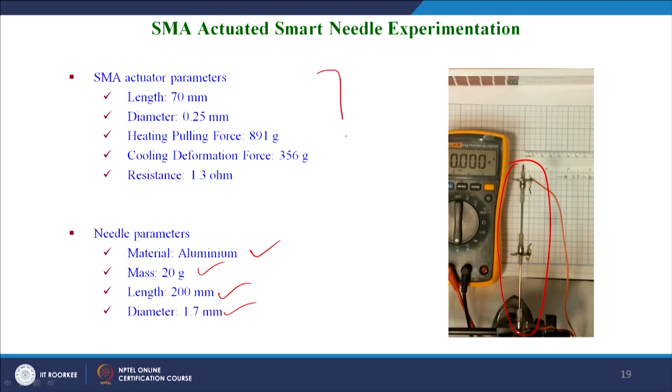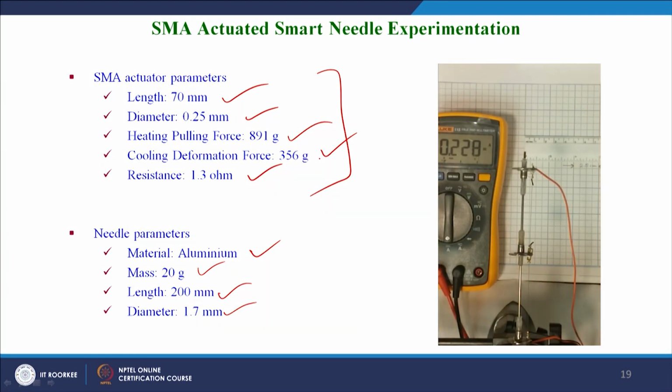The SMA wire actuators are attached to this needle in a distributed way, such that each SMA wire is of length 70 millimeter, diameter 0.25 millimeter, heating pulling force 891 gram, cooling deformation force 356 gram, and resistance 1.3 ohm.